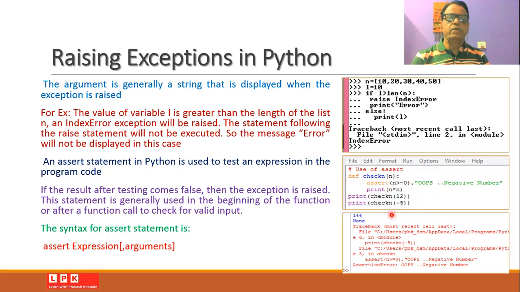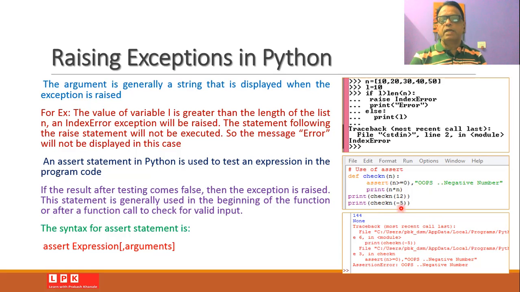Whenever you execute this code on the Python interpreter, in the first case the value of n is greater than 0, and therefore this condition becomes true. And whenever the condition is true, the assert part will not be triggered, and therefore we will get the value 144, that is n square.